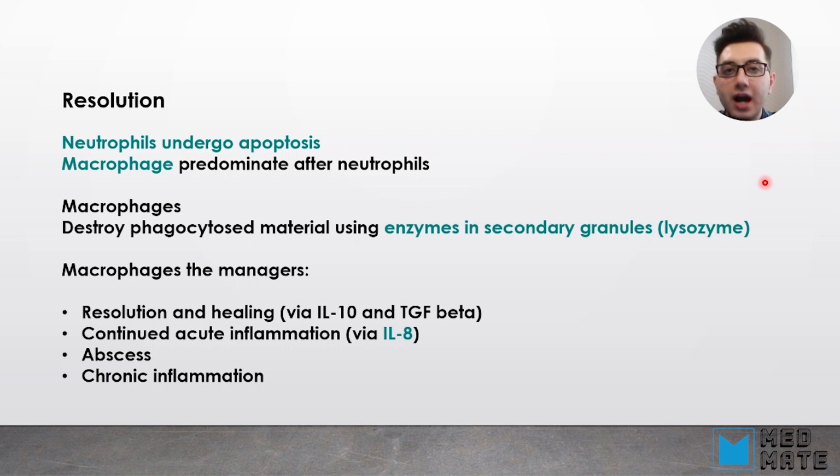Macrophages are kind of managers of acute inflammation, and they come to the tissue, they check what the next step is, and they either start resolution and healing via IL-10 or TGF-beta, or when they see that there is still infection in there, they call the neutrophils and ask for continuation of acute inflammation via IL-8. Now, that can be abscess formation or chronic inflammation.